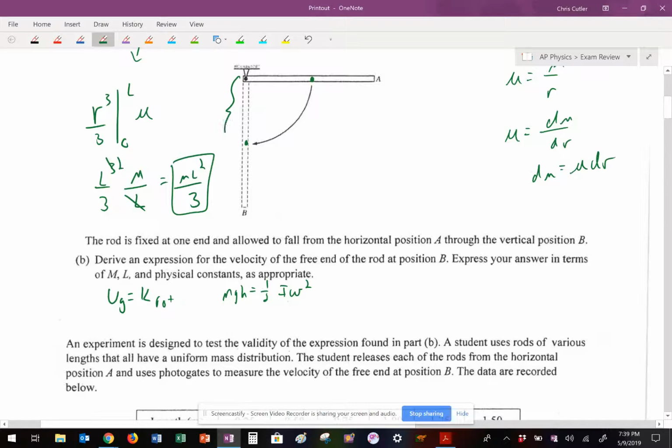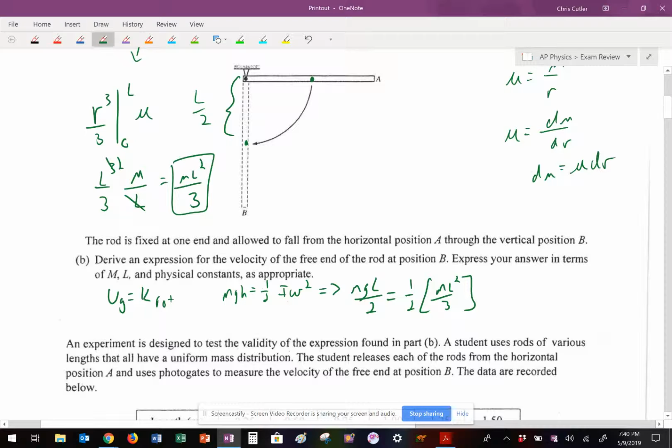It falls this distance. What is that distance? Well, if the rod is L long, the center of mass is L over 2 away. So we've got mg, our h is now L over 2, equals 1/2, and it gave us the moment of inertia as ML squared over 3, times omega squared.